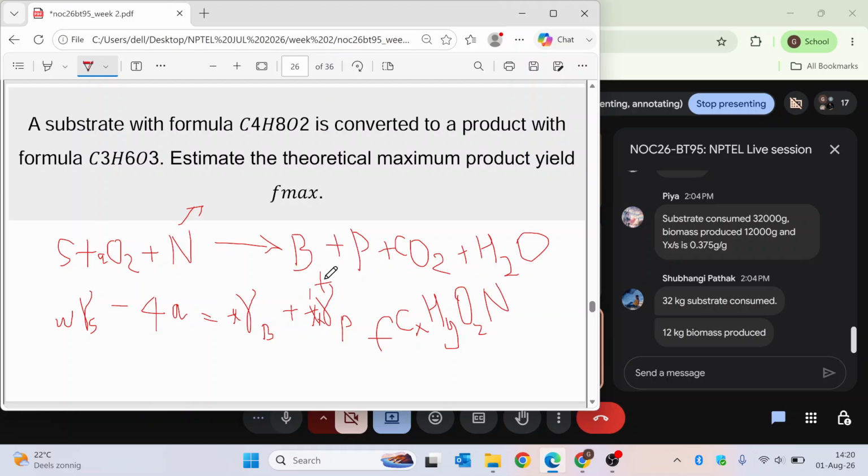I want you to find the maximum value of F that is possible, which is F max.